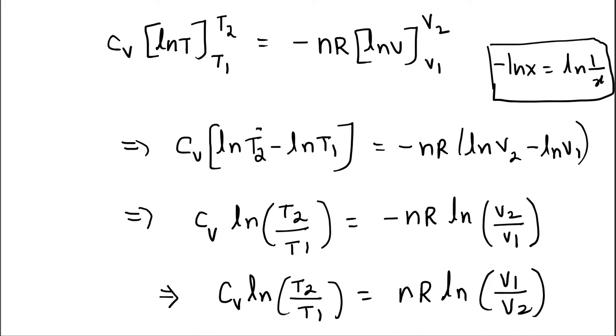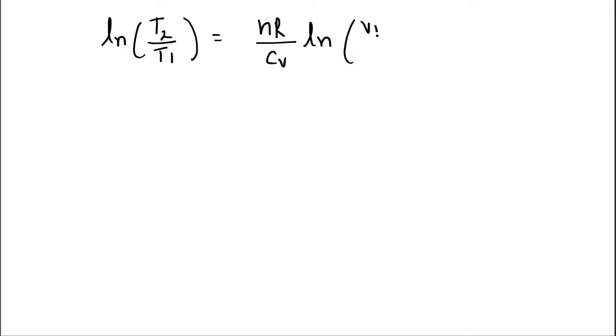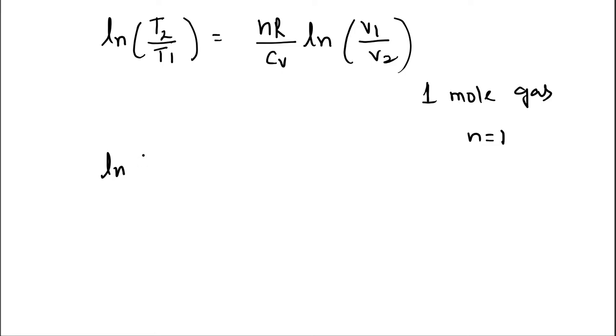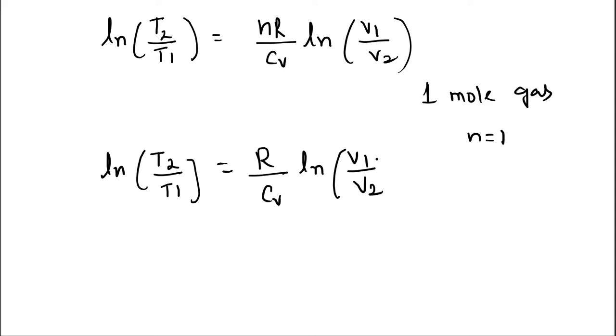So I can rewrite this equation as ln T2 over T1 is equal to nR over CV times ln V1 over V2. Let's take 1 mole of gas, so n equals 1. Therefore ln T2 over T1 is equal to R over CV ln V1 over V2.